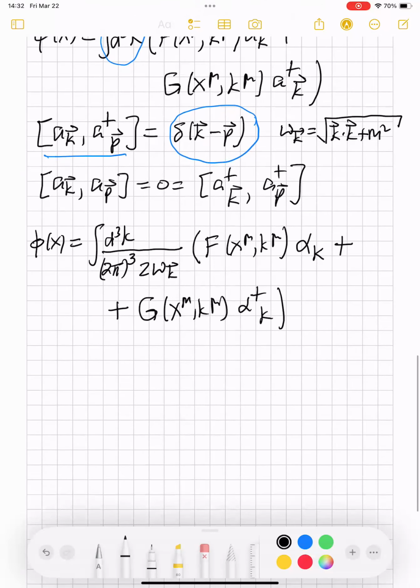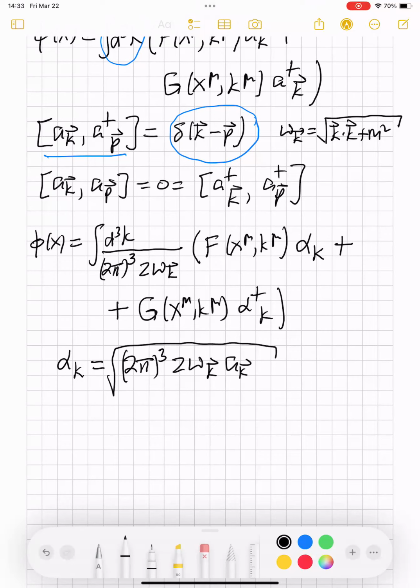Okay, now what is alpha k? Alpha k is going to be equal to (2 pi) cubed, again, just a constant. We'll see where that comes about. We've got 2 omega k, and we've got a_k sitting there. And here, the index k labeling the oscillator alpha, you should think about this as a 4 vector, which is omega k followed by the spatial vector k.